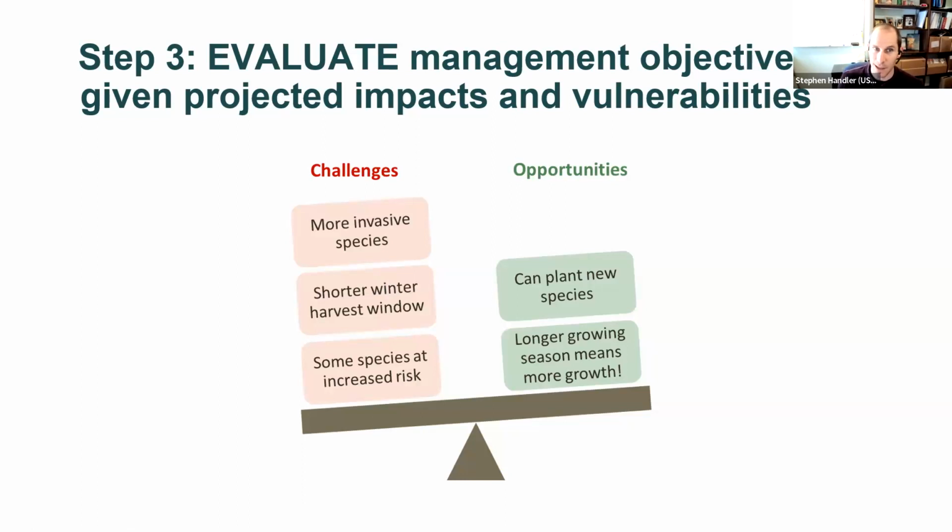So after considering climate change impacts and vulnerabilities and the unique site conditions of your project area in step 2, step 3 was that chance to actually say, one by one, for all of your management objectives, am I confident that business as usual management is going to be able to help me carry forward and accomplish the objective that I set out with? And that's a really critical point of this workbook, that we really examine business as usual. We really examine the status quo.